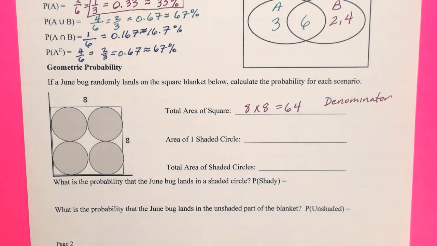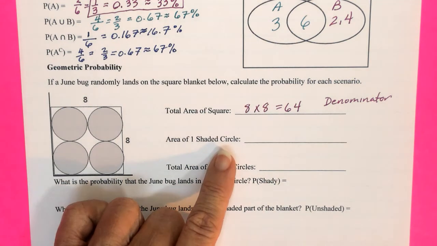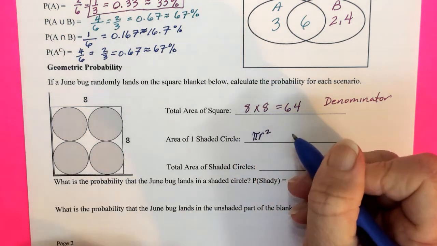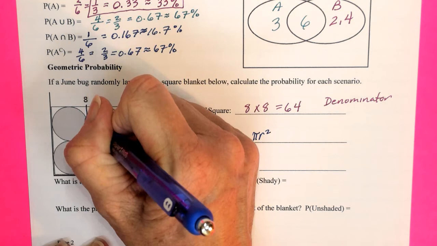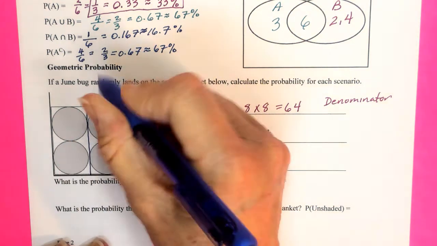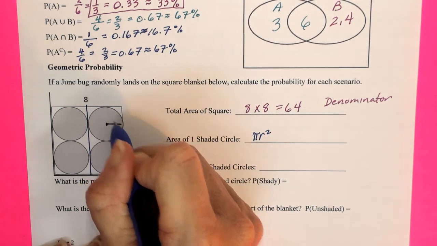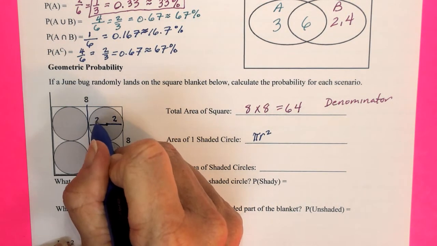If you want to know the area of one shaded circle, we know all circles are pi radius squared. So if it's 8 across the whole thing, the halfway point would be 4. And if I halve that again to get the middle of a circle, that would be 2, because my diameter would be 4 total.